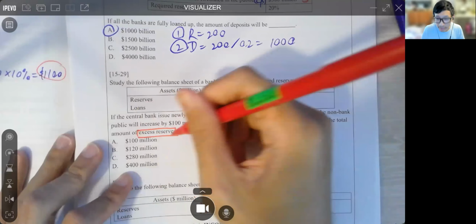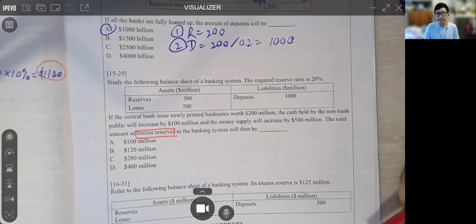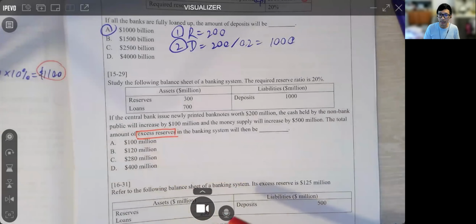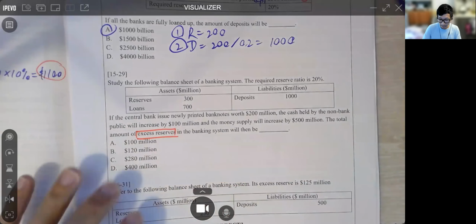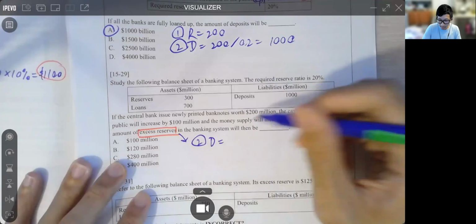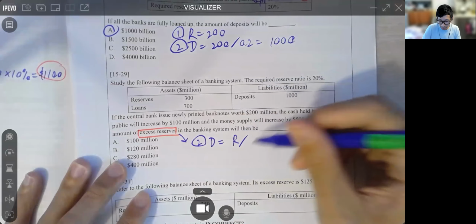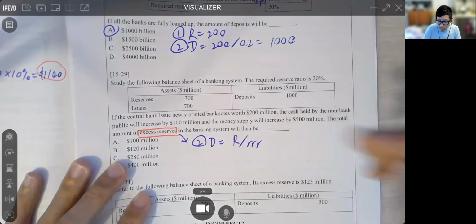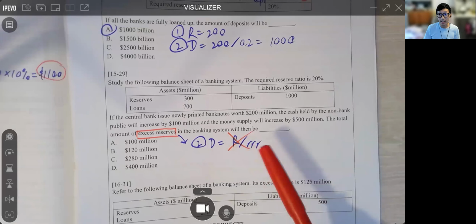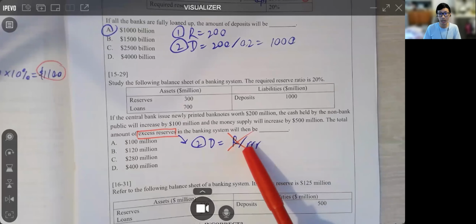When you see by the end there is excess reserve，去到最後係有 excess reserve 啊。Therefore, our step 2, deposit equals to reserve divided by RRR will not work. 因為點解啊？Divided by RRR, this is for maximum change.